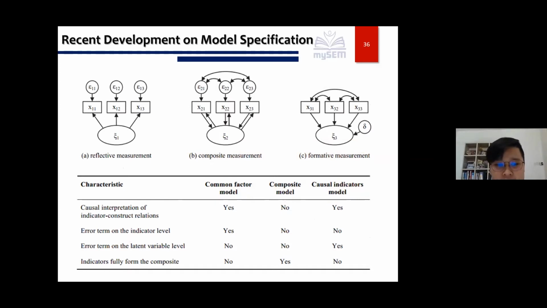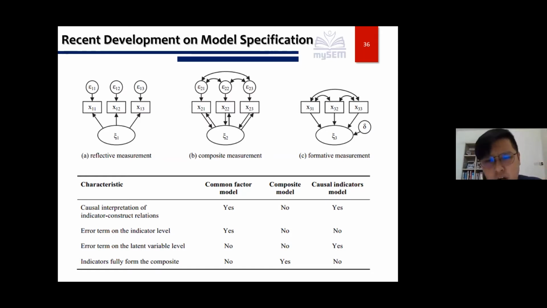As you can see, A and B, just look at the diagram. Don't need to look at the words. If you plan to do a pure factor-based, covariance-based reflective measurement, it will look like your A side. Figure A clearly shows that this is the true way of doing reflective.